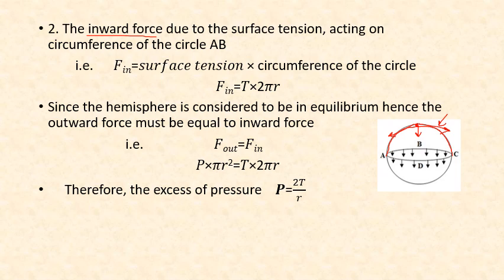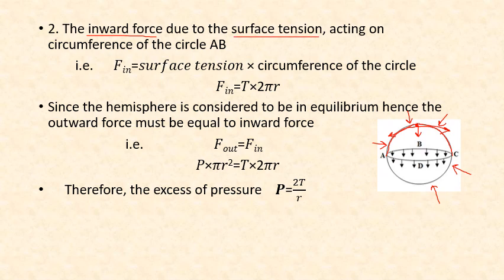However, for a liquid drop, the inward pressure from the vapors will be on all sides. So the pressure due to the vapors can be neglected here, and the only force pulling downwards is due to surface tension.